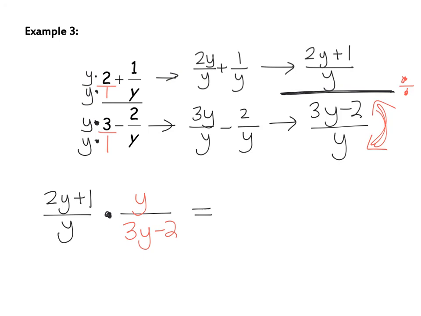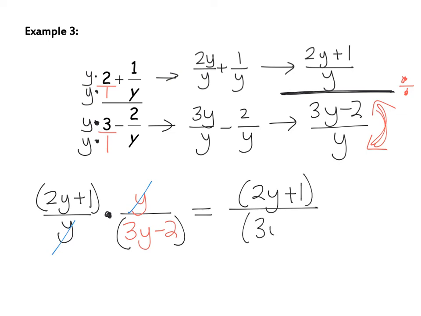Factor first, simplify second. And these are binomials, so no GCFs, no factoring needed. So then simplifying, y divided by y is identical. That equals 1, and we don't need it. And so our answer is (2y + 1) divided by (3y - 2).